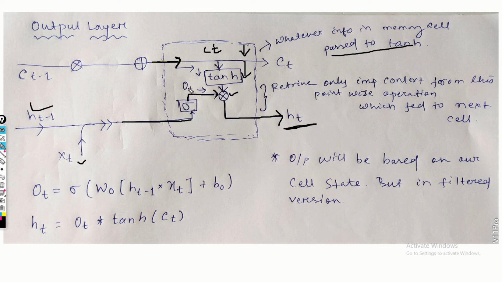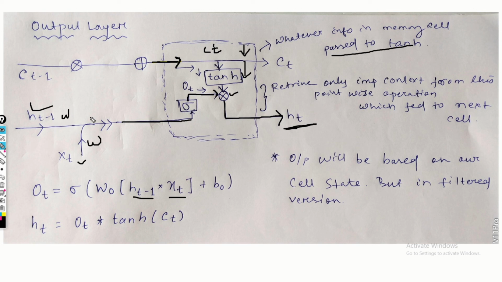So Ot is nothing but this particular output, right? It will be concatenated here: st minus 1, the previous output, and the current timestamp word, as I have already told you. Whenever you pass any vector, the current timestamp word, it has some weight with it.